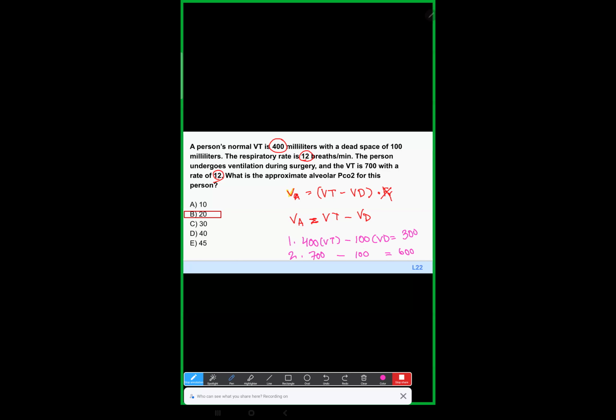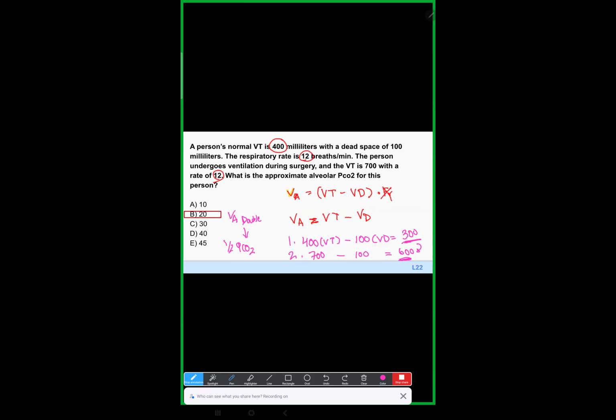So the alveolar ventilation in the beginning was 300, and then after, when the person was under stress due to surgery and they're undergoing ventilation, their alveolar ventilation doubled. So when alveolar ventilation doubles, you see a half decrease in the partial pressure of CO2.